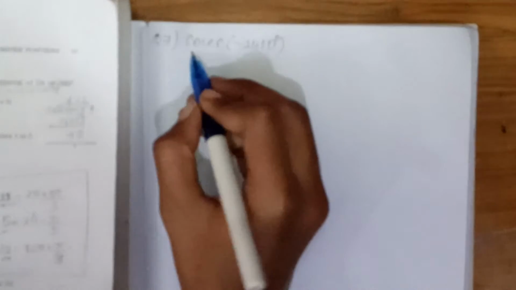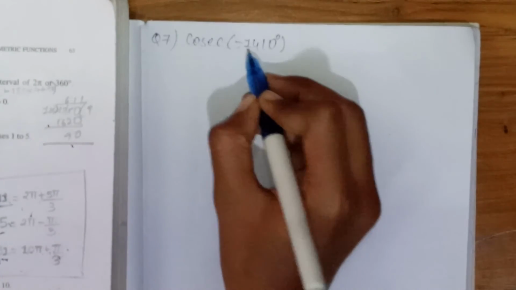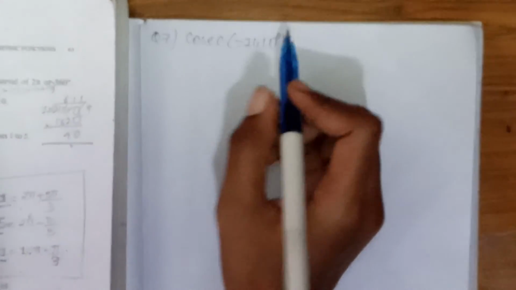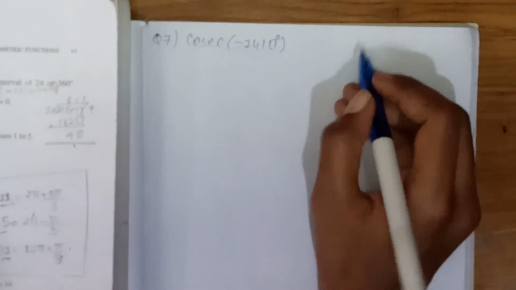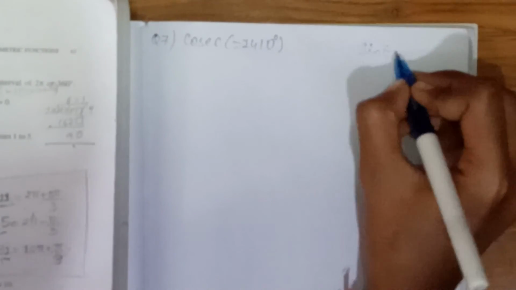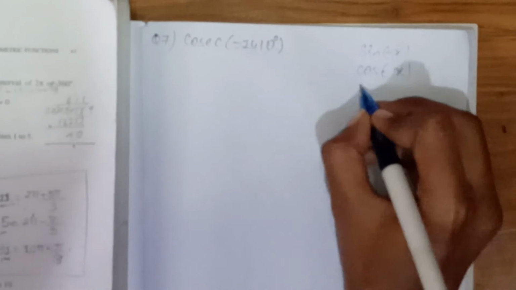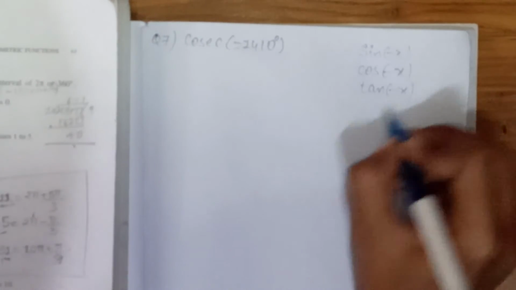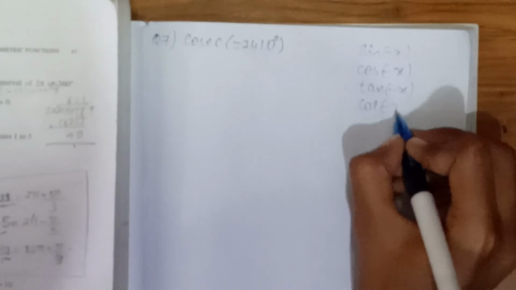So in this question, what they have given is cosecant of minus 1410 degrees. What I have said, whatever they have given, we have to divide. Before that, I would like to say some formulas. See, sine of minus x, cos of minus x, cot of minus x.